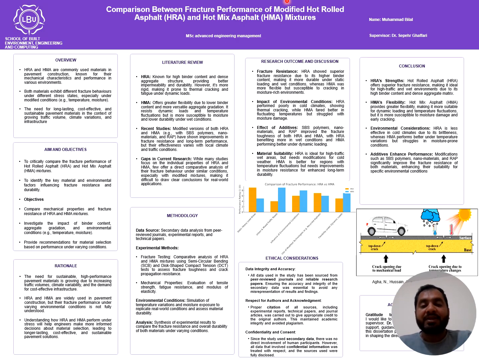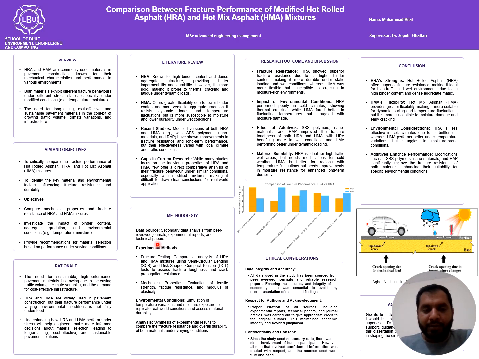HMA is more flexible and adaptable, performing better under dynamic traffic loads and in areas with temperature changes. Modifiers like fibers, polymers, and nanomaterials improve both materials' performance, and modern testing methods like SCB and IDEAL-CT offer better ways to predict cracking.